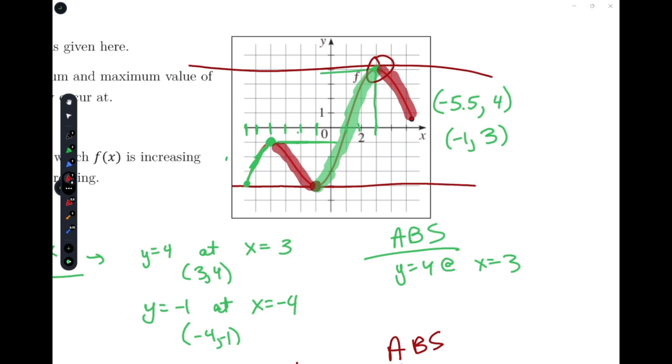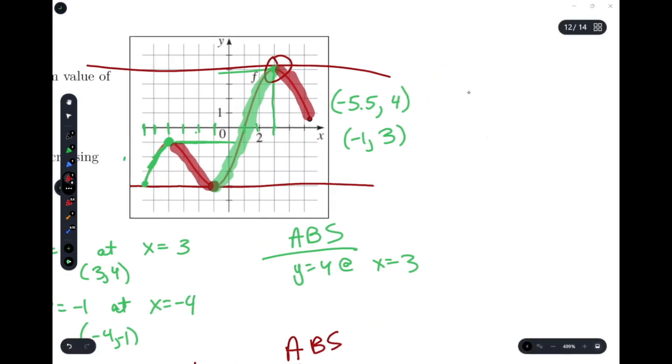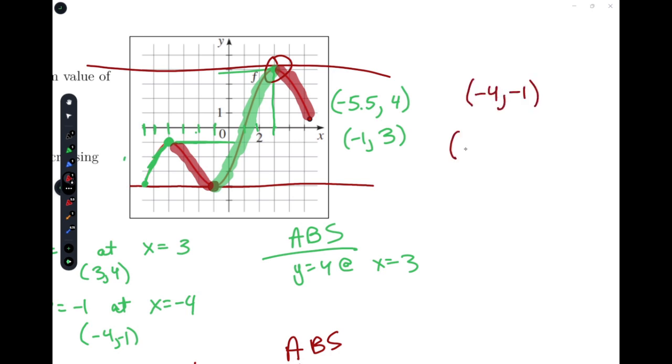I thought it was 6. No, it's almost the same. It'll be perfect on the test. These are just kind of thrown together. And then decreasing is going to be -4 to -1. For the green, the end of it? 1, 2, 3, 4, 5. Oh my gosh, you're right. 1, 2, 3, 4. Oh wait, no, that's right.